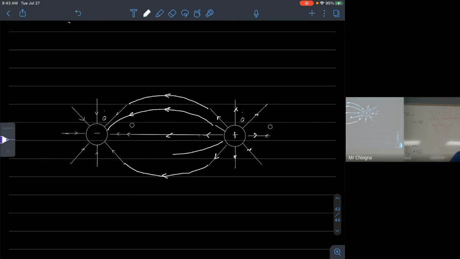I'm just adding what are called field lines, just so you get an idea of what the electric force is between a positive and negative charge.